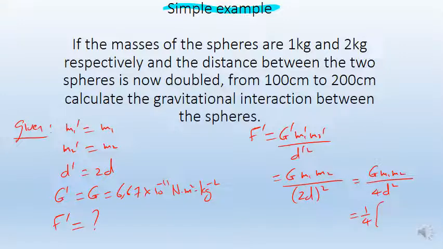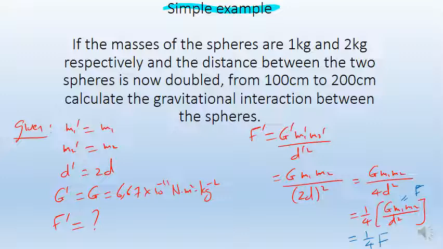And you can write this in a very elegant way as G M1 M2 over d squared. And what's in brackets? You'll scream out, yay, that looks very familiar. The stuff in brackets, yes, that's actually equal to F, which is the old force. So what we've just shown is that the new force is a quarter of the older force.